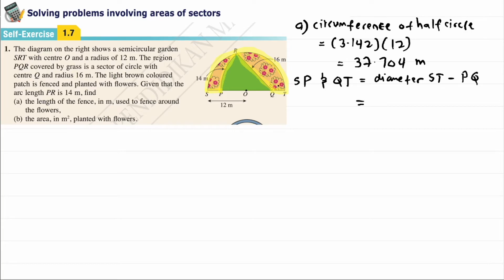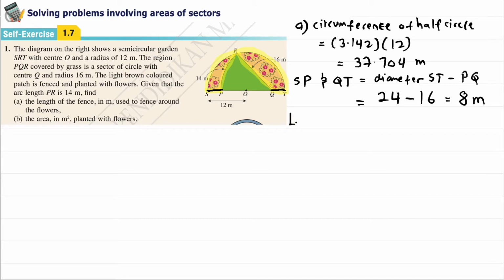So, diameter 12 times 2 lah. 12 plus 12. So, 24. Panjang PQ adalah sama dengan panjang RQ lah. Radius kan? 16. So, kita akan dapat 8 meter. So, 8 meter ni adalah panjang SP tambah QT. Macam tu.